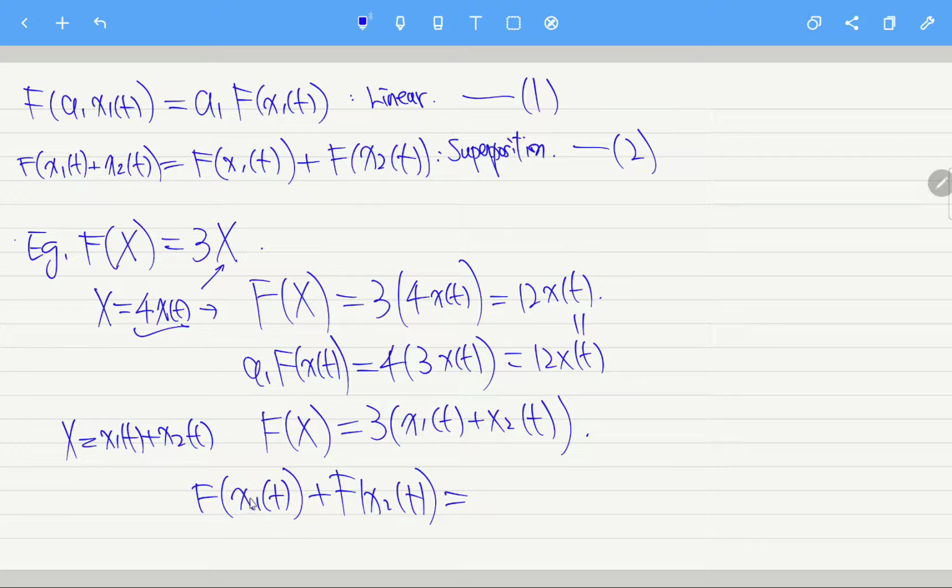So we put x1 of t into here, so we have 3 times x1 of t plus 3 times x2 of t. So of course these two are the same, because we just factored the 3 out. So we say this is a linear function.